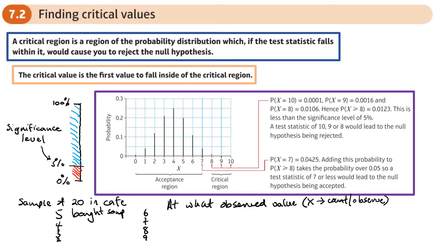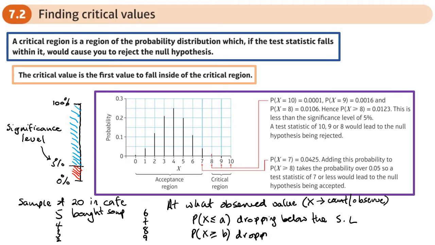In other words, at what value of A is this dropping below the significance level, SL, or at what value of X, let's call that B, where this drops below the significance level.